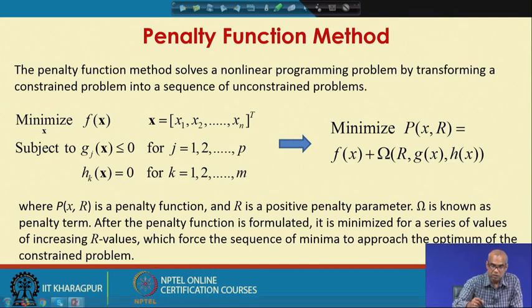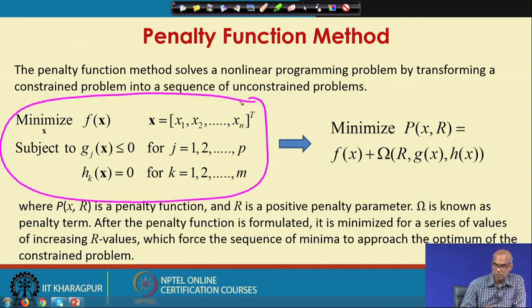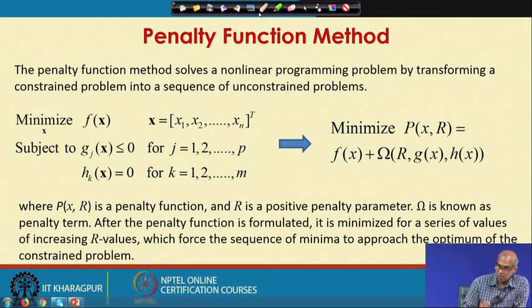Now, this nonlinear programming problem can be converted to an unconstrained problem by adding a penalty. So, what we do is the penalty function is defined as the objective function plus a penalty term.